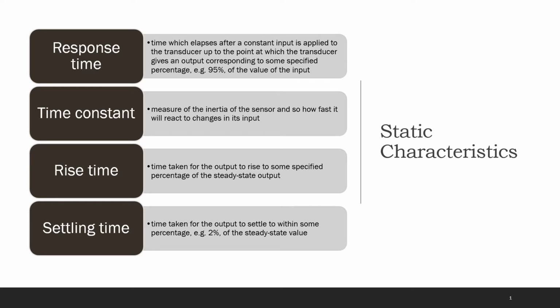The initial time phase where the transducer gives out fluctuating output is the dynamic phase, and the later stage is the static phase.